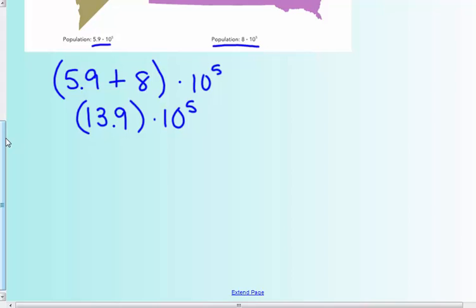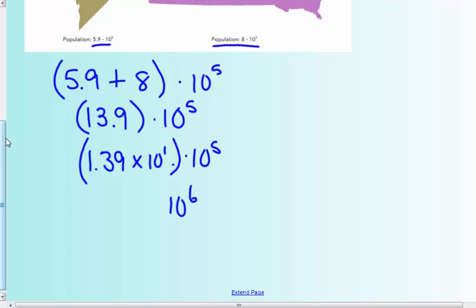Put this number into scientific notation form, which would be 1 and 39/100ths times 10 to the 1st times 10 to the 5th, right? Keep the base, add the exponents, and that gives me 1 and 39/100ths times 10 to the 6th. So a little over 1 million people between the District of Columbia and South Dakota.